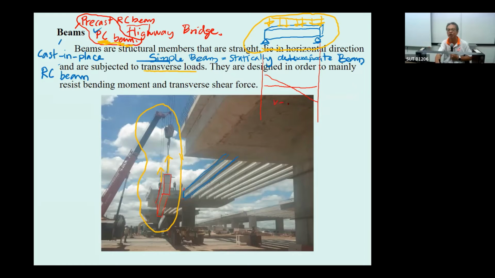This is going to be the shear diagram of this beam, and you can compute the moment diagram of this one. You're going to find V max. You're going to find M max, and you use the M max to design the beam. And then later you check the design section with the V max.